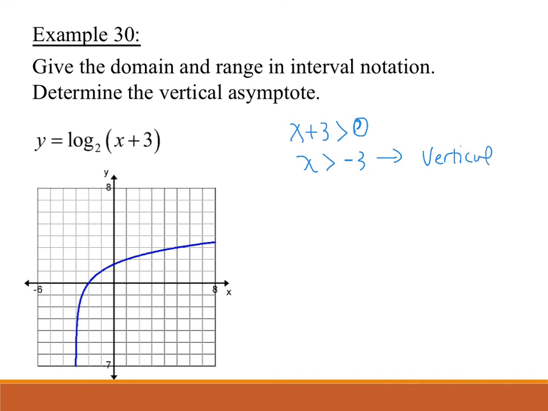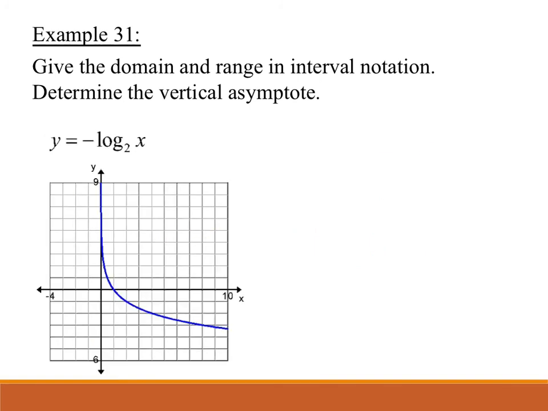And so here is the domain. Our domain is negative 3 comma infinity, and the range is negative infinity to infinity.